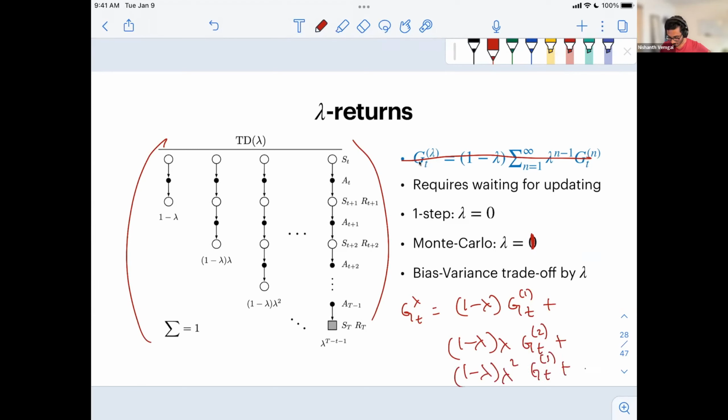GT3 and so on. Whether this simplifies to this particular formula, maybe I don't know, but for now, let's consider this one. Cool.